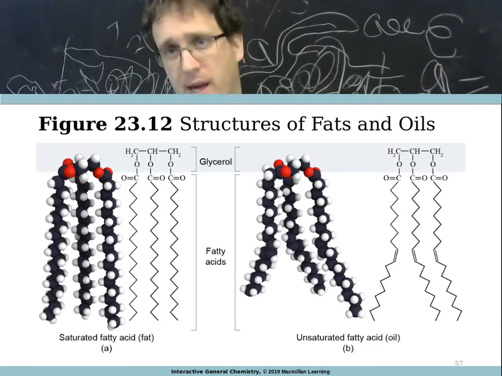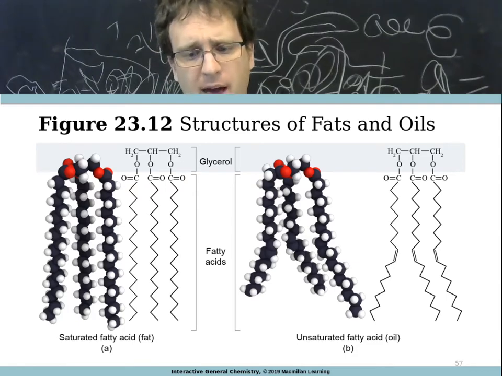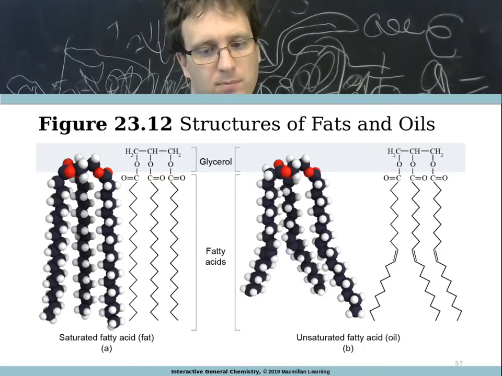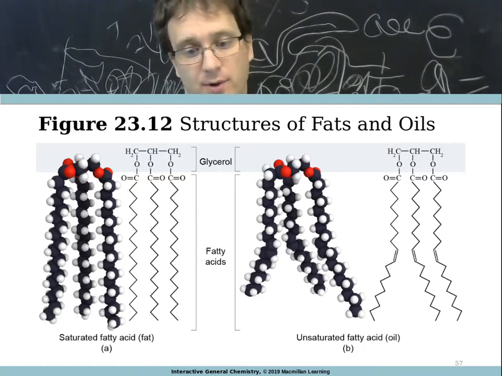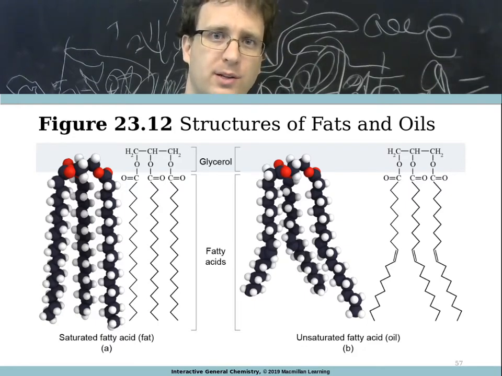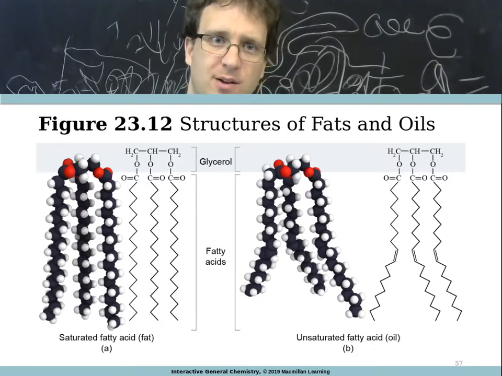There couldn't be any more hydrogens added to this molecule, so it is saturated. And because all of the bonds in its three fatty acid tails are single bonds, there is a degree of free rotation, and they're probably going to utilize that free rotation to line themselves up.